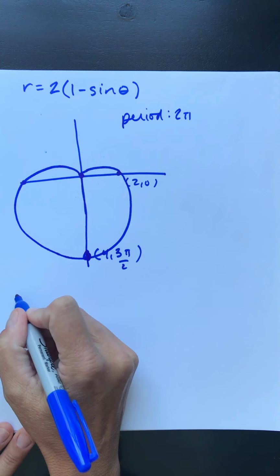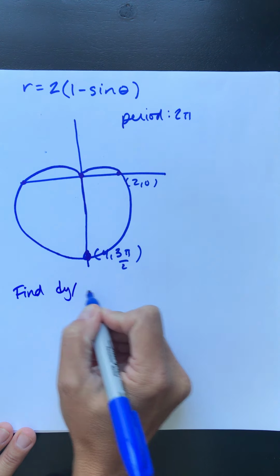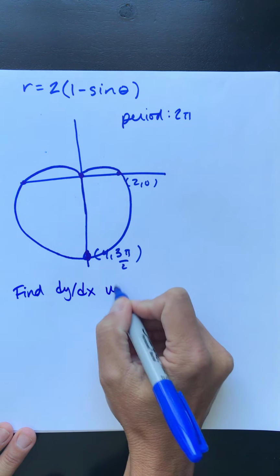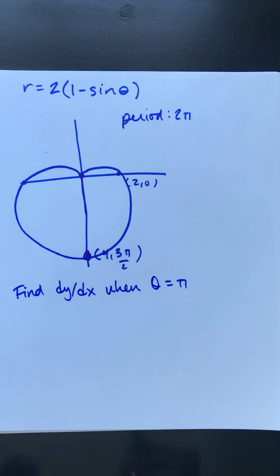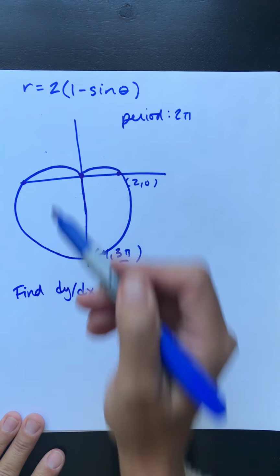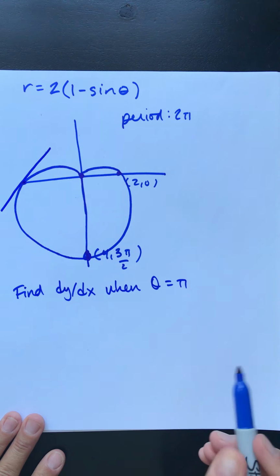So let's find dy/dx when theta equals pi. Again, we can see that dy/dx is going to be the slope of this line right here.